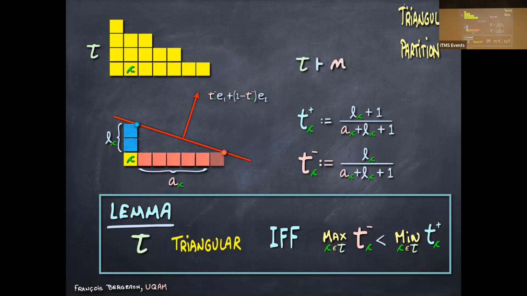And so tau is triangular if and only if the maximal value you compute for these t minuses is strictly smaller than the minimum of the t pluses. And that means essentially that you're going to be able to slip in between a global slope for a line that will cut off this partition. So I hope that you get essentially the proof out of this.